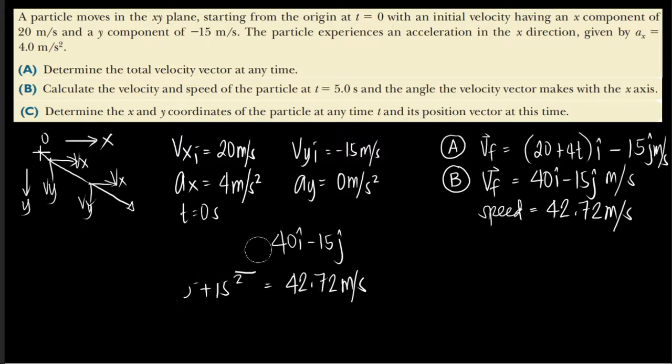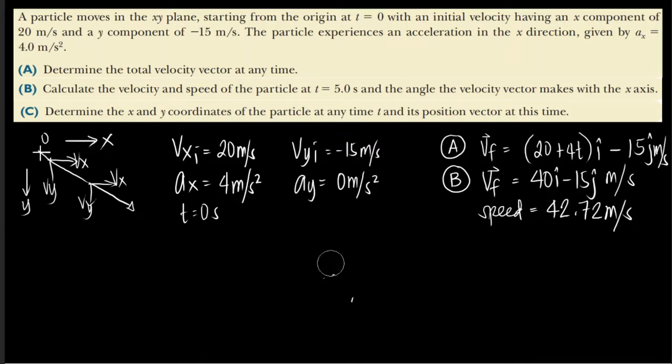Finally, we have letter C. Determine the x and y coordinates of the particle at any time t and its position vector at this time. Oh, I forgot: the angle the velocity vector makes with the x-axis. So theta is equal to arc tan, of course, of our y, negative 15, over our x, 40. When you find an angle, it is always arc tangent of y on top over x on the bottom.